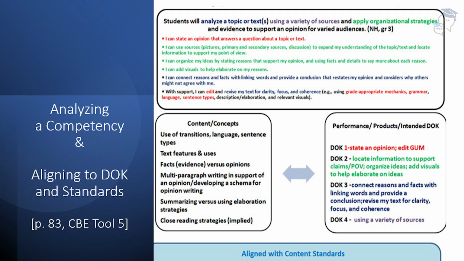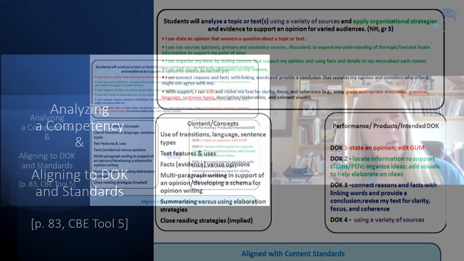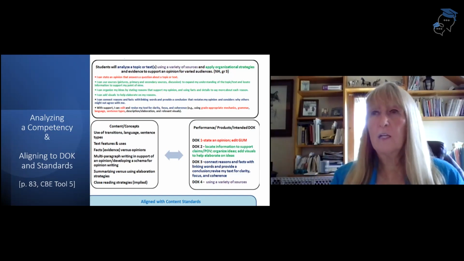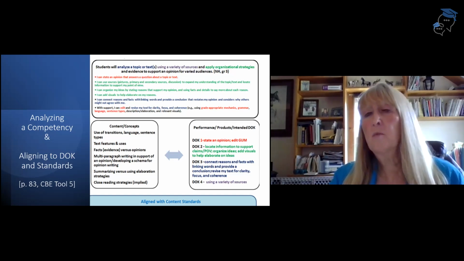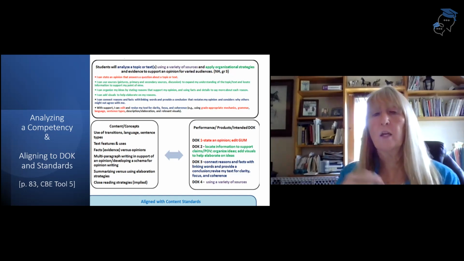Can I revise my overall text for clarity? If I want that to move to a DOK 4, they're reading multiple sources. And reading can be hearing it read, reading it with someone else, viewing it. Reading is pretty broad, hearing a speaker talk. So multiple sources isn't always reading.